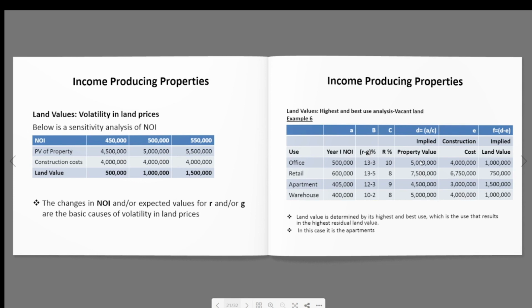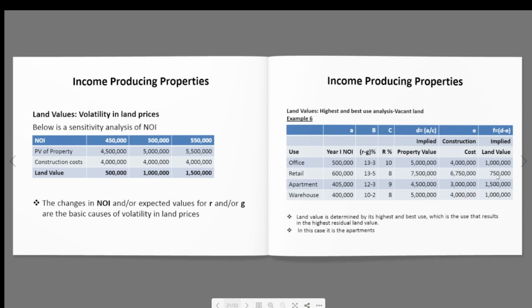So now we find that the implied land value changes depending on the use of the property. For the office, the land value in this case will be 1 million. For the retail, it will be 750,000. For the apartment, it will be 1.5 million. And for the warehouse, it will be 1 million.